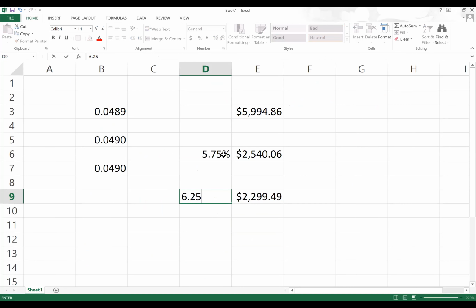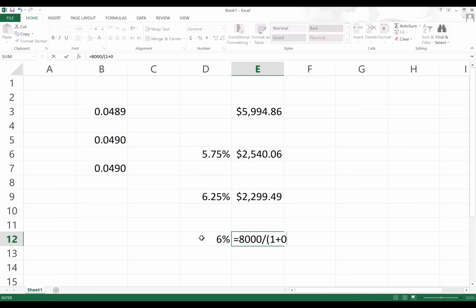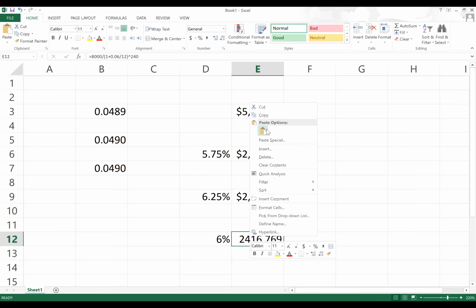So this is 8,000 divided by 1 plus 0.06 over 12 raised to 240 power. And this turned out to be $2,416.77. And as you can see, this is in between, right in the middle of those two amounts.